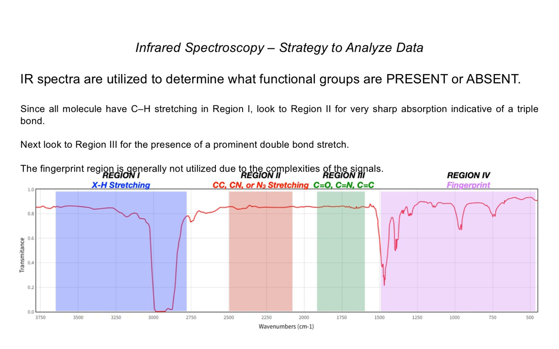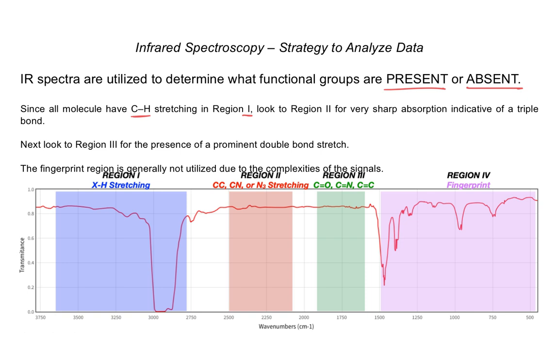So we utilize the IR to determine if functional groups are present. So you see this signal, or if they're absent, that region has no signal at all. So all molecules have CH stretching in region 1. Again, you'll just have to look at a lot of these to say, okay, that's the CH stuff. Is anything else there that looks like OH or NH?